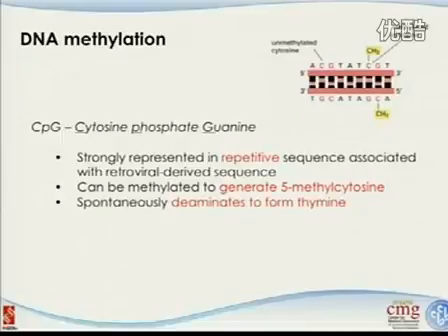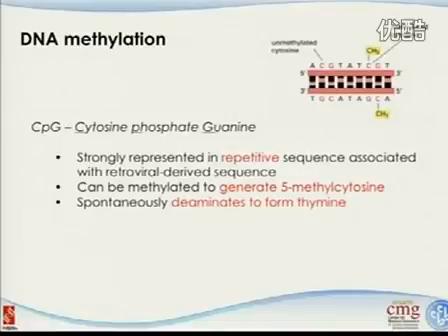But this is the interesting part. If you don't do anything, sometimes it can be spontaneously deaminated to form thymine, meaning that methylated C can be changed to T if the cell doesn't control it well.